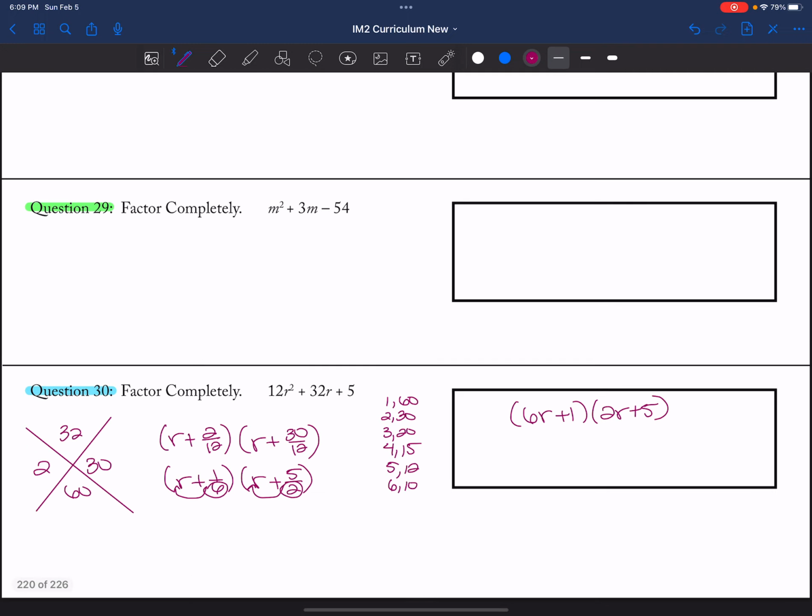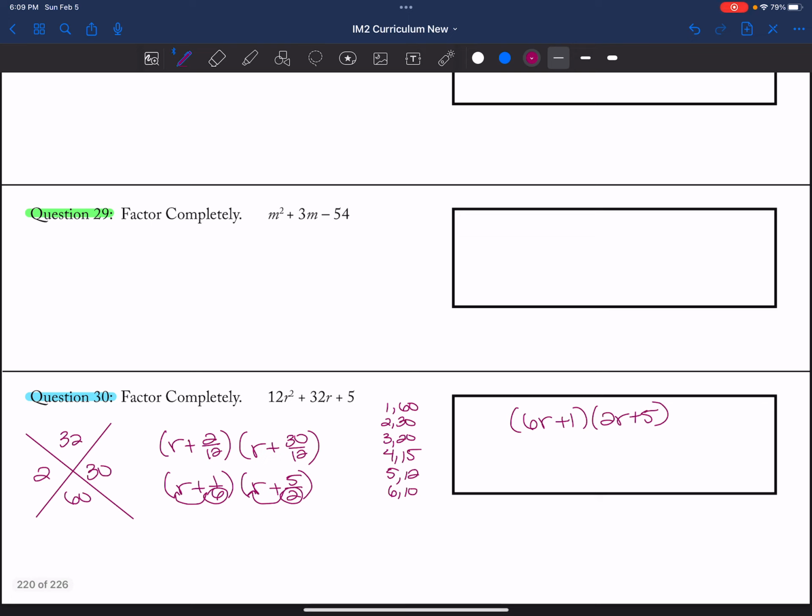Okay. All right, so 54, factors of 54: 1 and 54, 2 and 27, 3 and 18. Is that right? Yes.